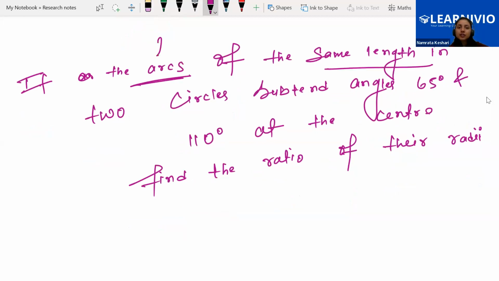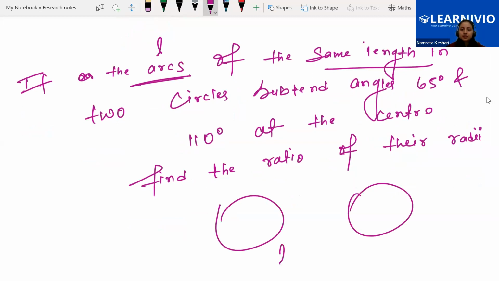That means the length of the arc over here and the length of the arc for the other circle, here length of the arc L, here L. It is given over here, right? Yes, ma'am. Okay, both are same. Angles are different. One is 65 degree, one is 110 degree. We have to find the ratio of their radii.